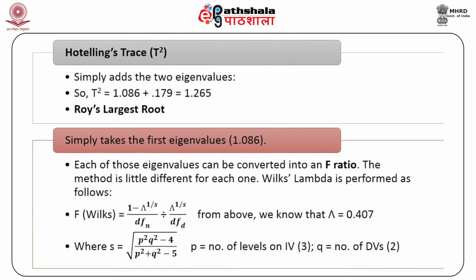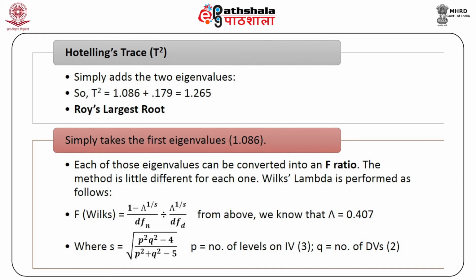The third method that can be taken is Hotelling's trace, which we also represent as T square. T square is always the addition of the two eigenvalues. So, in this case, upon adding the two lambda values we got through the quadratic equation, that is 1.086 and 0.179, we find the Hotelling's trace T square equal to 1.265.